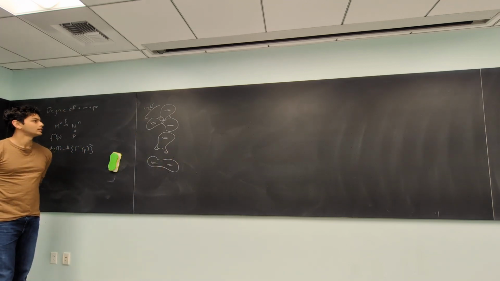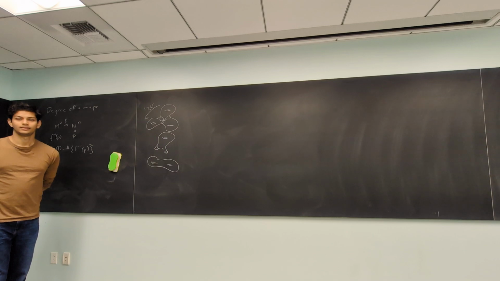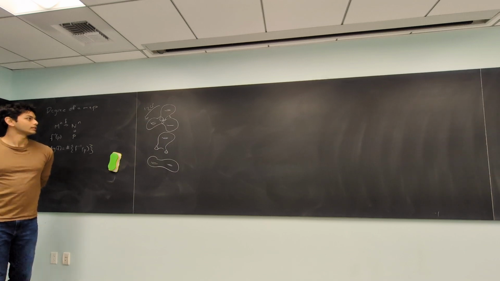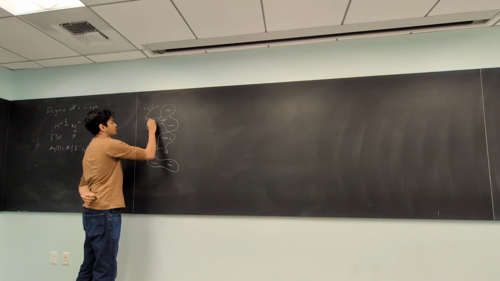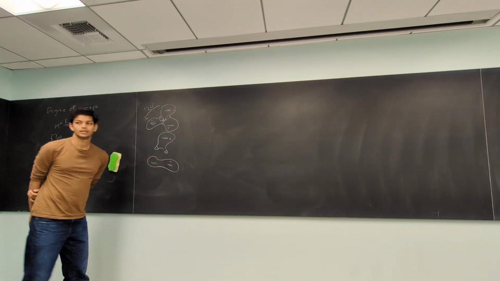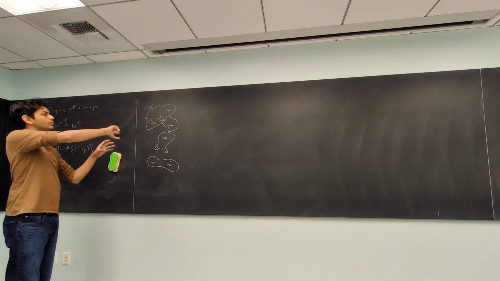And what's the degree of this map? 3. Yeah, because taking a preimage of a point, you end up with 3 different copies. And you can extend this sort of thing by adding more handles.